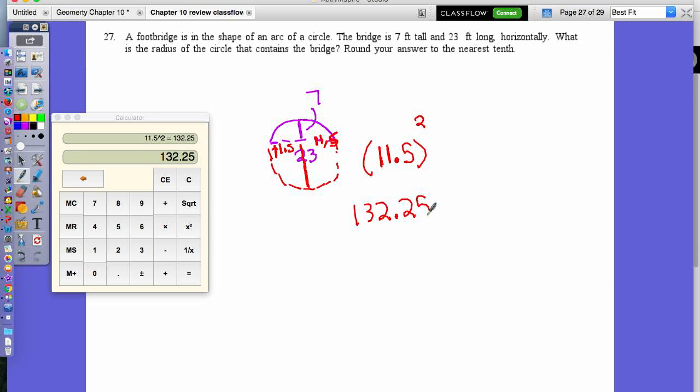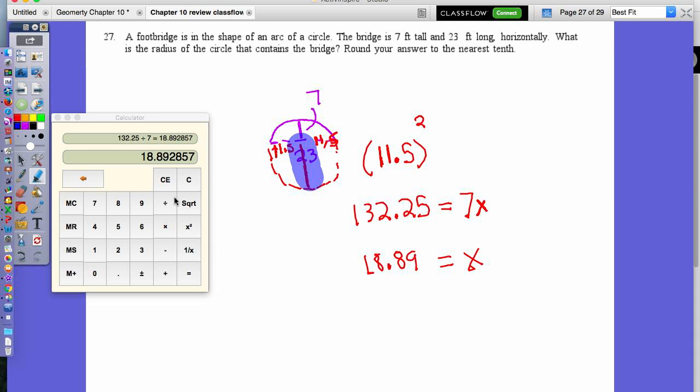is 132.25, had to equal 7 times the other part of the chord, which I didn't know yet. But if I took this 132.25 and divided by 7, that's going to be roughly 18.89. That represented that bottom part of the chord in length.